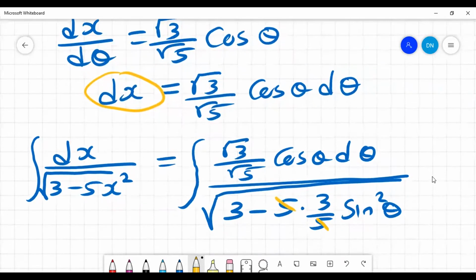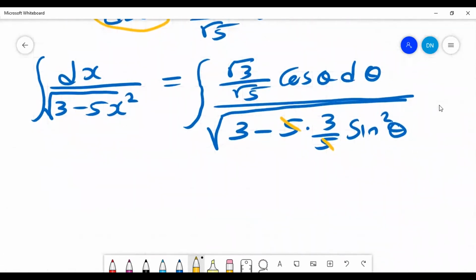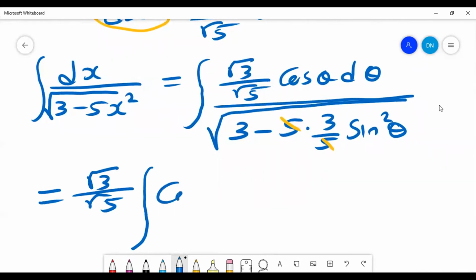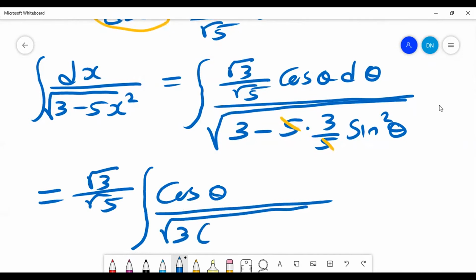Let's take the next step slowly. So it will be the square root of 3 over the square root of 5, the integral of cos theta over the square root of 3 times the square root of 1 minus sine squared theta. Obviously, we are integrating with respect to theta.